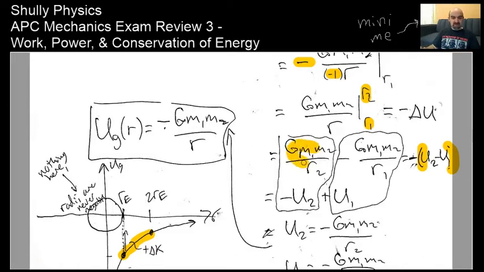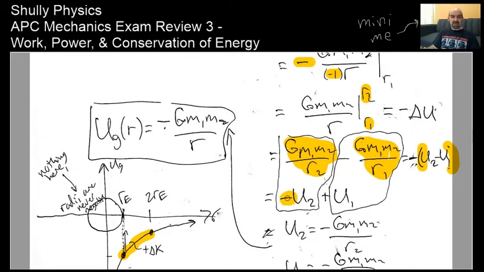Well, this is the second potential energy state here, U2, and this is the first potential energy state, U1. And if we look at it in terms of a negative U2 minus U1, and we apply that negative, we get a negative U2 plus a U1.